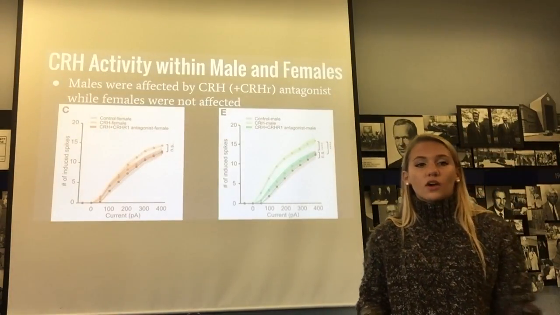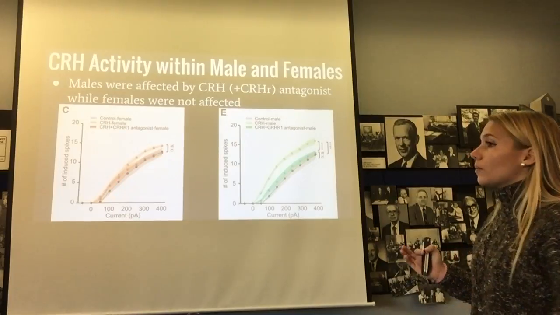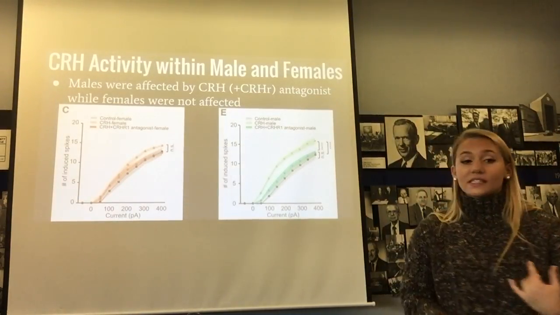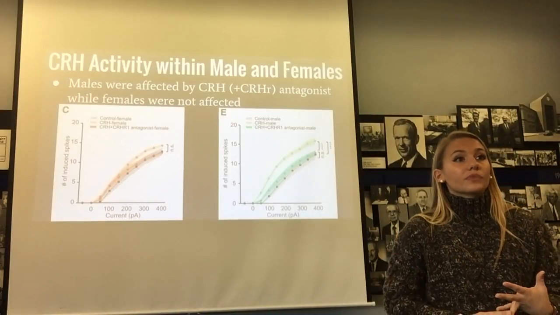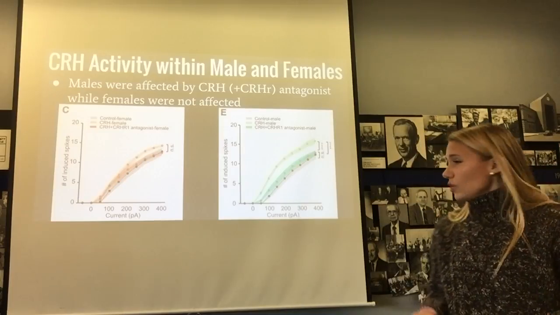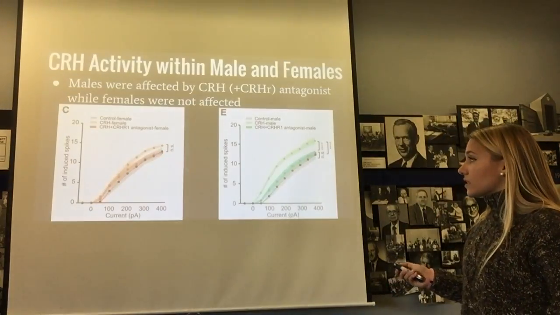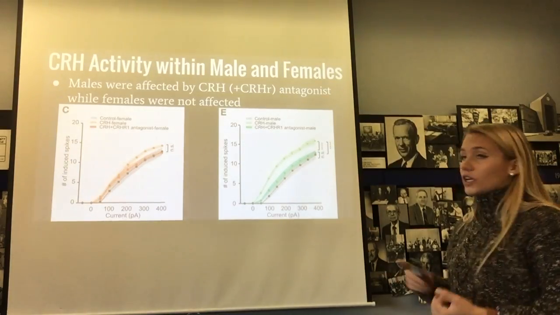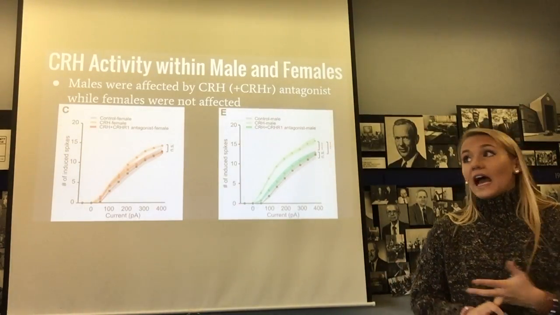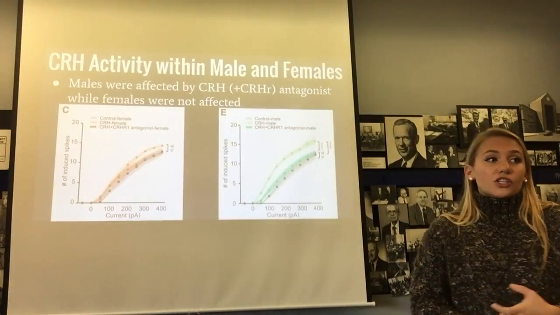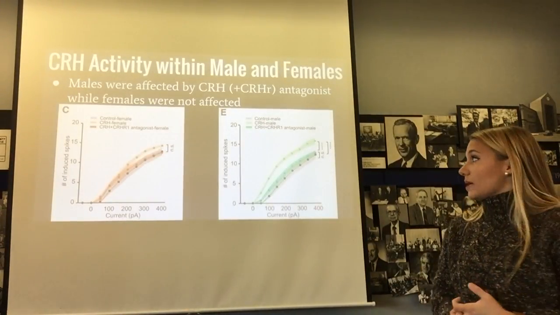So they wanted to see what happens when we increase CRH, and what happens when we increase CRH and block these receptors. What they found is that females did not respond differently between the control, the added CRH, or the CRH and the CRH receptor blocker.